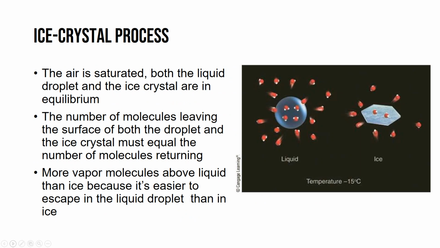So let's just talk about the ice formation in cold clouds. Given the illustration at the right, air is saturated for both the liquid droplet and ice crystal, and they are in equilibrium. So we have a uniform temperature of about negative 15 degrees Celsius.